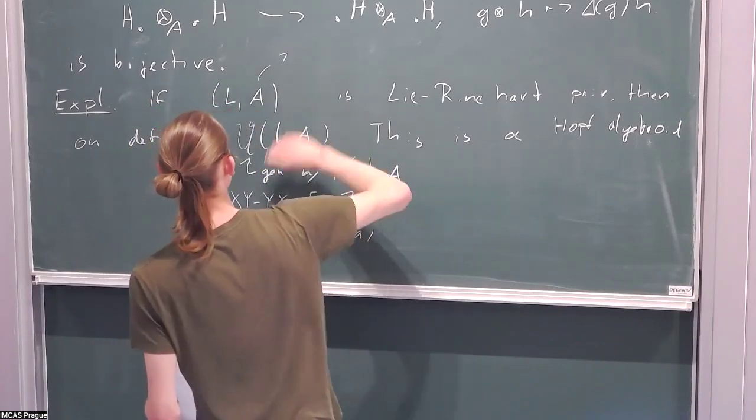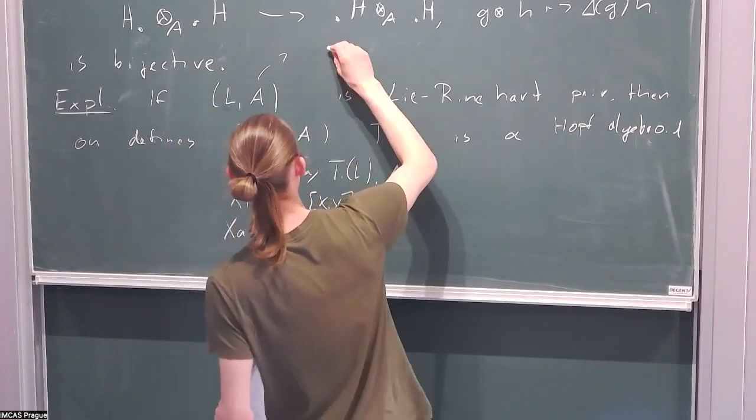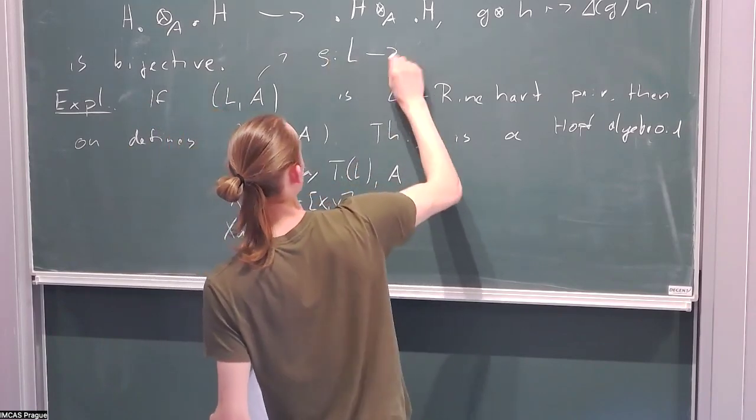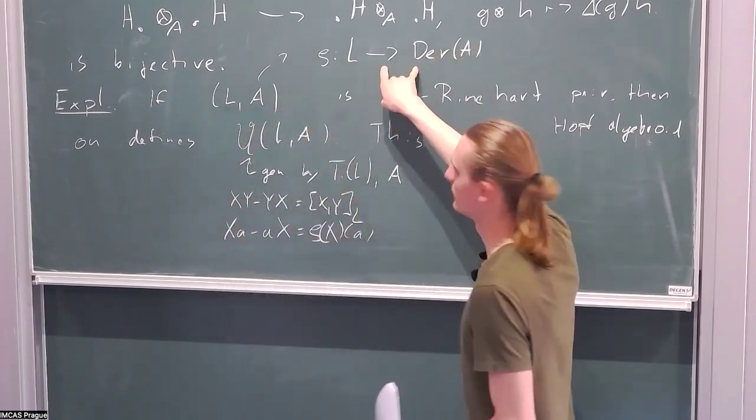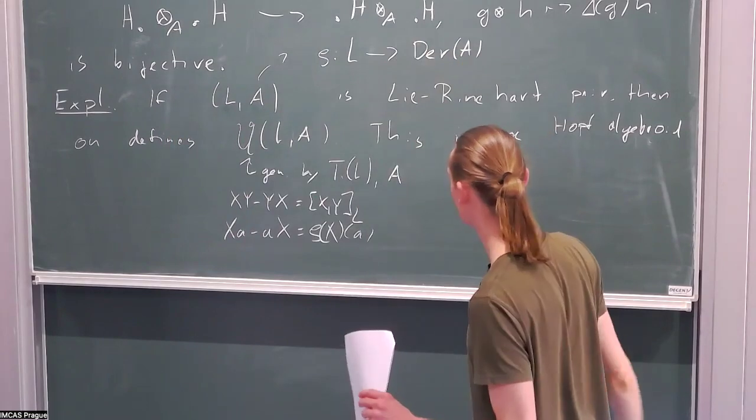A Lie-Rinehart algebra always has an anchor morphism which goes from L to the derivations of A, which is left A-linear and a morphism of Lie algebras.